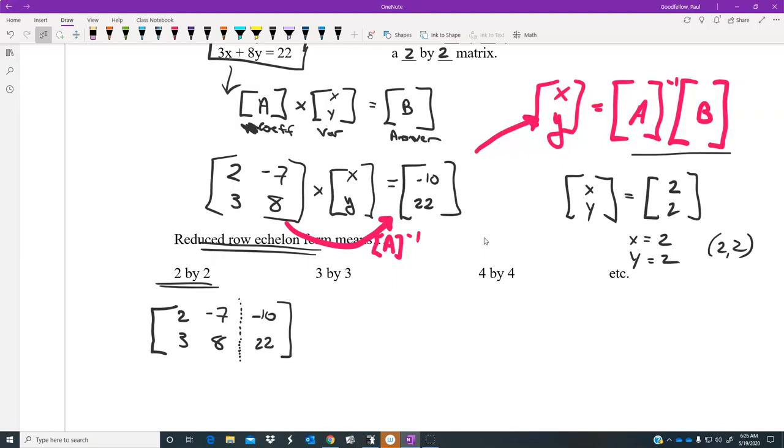Now, what row reduced echelon means, let's just kind of understand what it means, is it's going to reduce the rows in a way that you will end up with an inverse matrix, or an identity matrix is what it is. You get an identity matrix in the process.